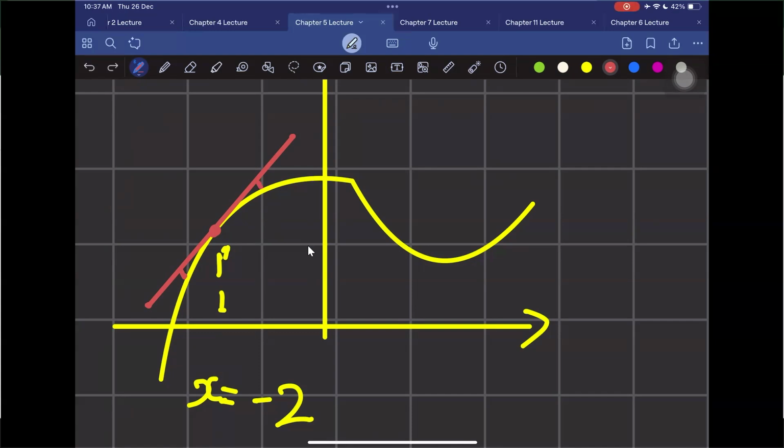For example, you can also draw a tangent which looks like this. In this case, it looks more tilted than the previous graph. So just take note of it, okay?